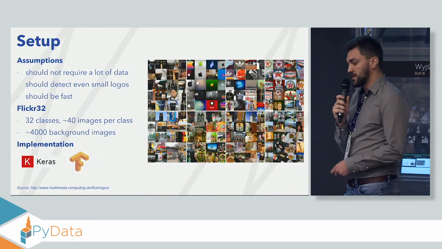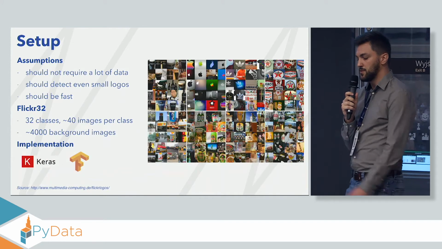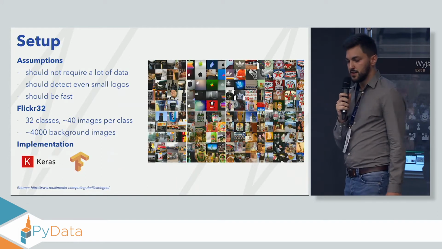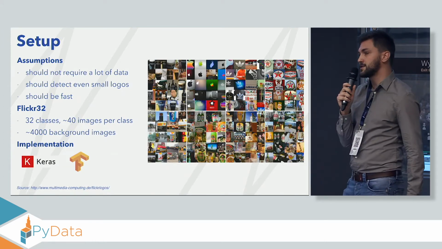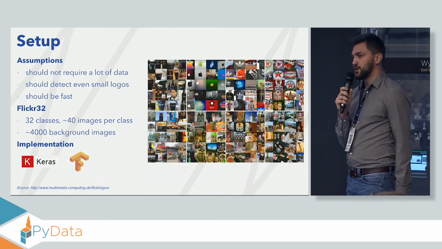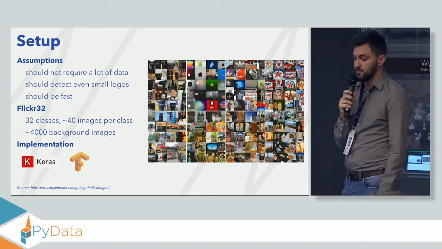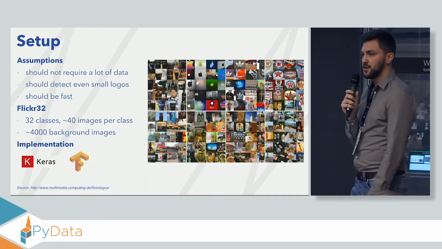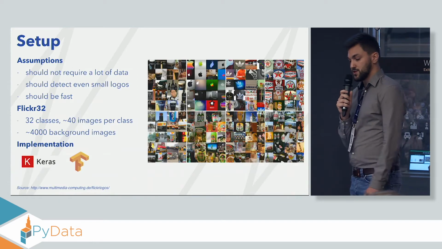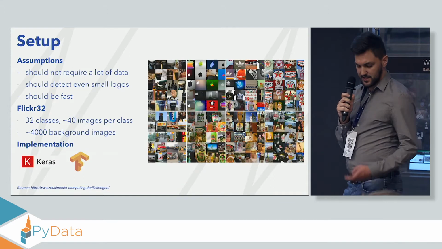We need to often apply detection frame by frame. So for this, we used a Flickr dataset that consists of 32 classes, has about 40 images per class, so it's not a lot for deep learning approaches, about 4,000 background images, and we implemented our solutions in Keras with TensorFlow.